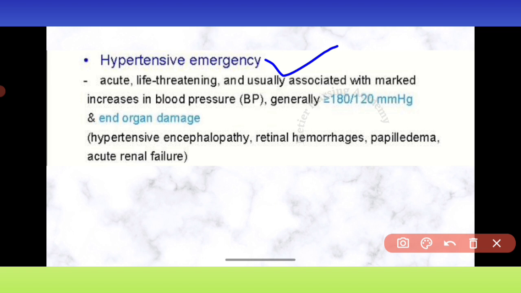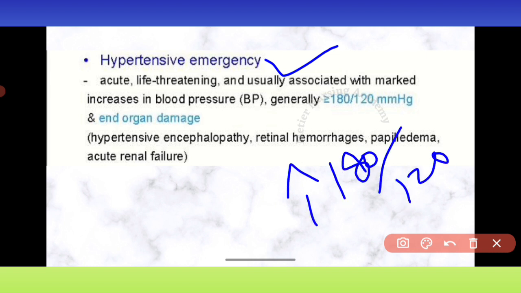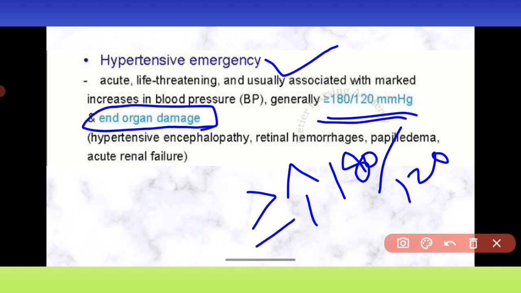It is a life-threatening condition where the blood pressure is peaking up to more than or equal to 180/120 mm of Hg, that is mercury, which leads to what? Organ failure.